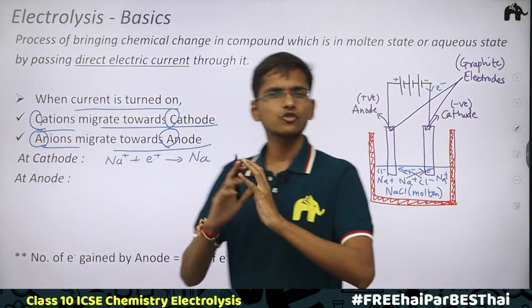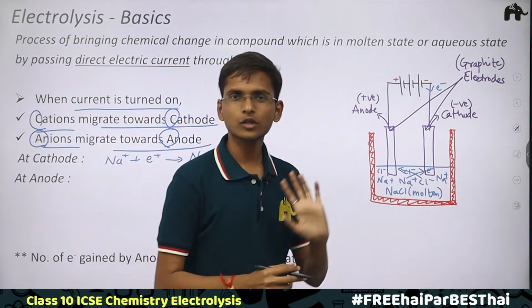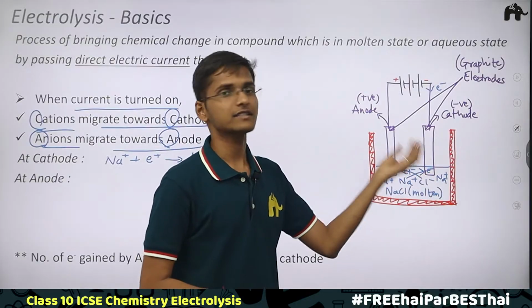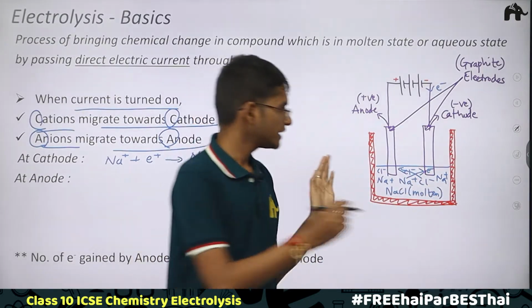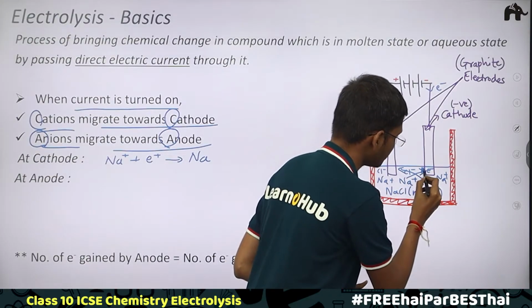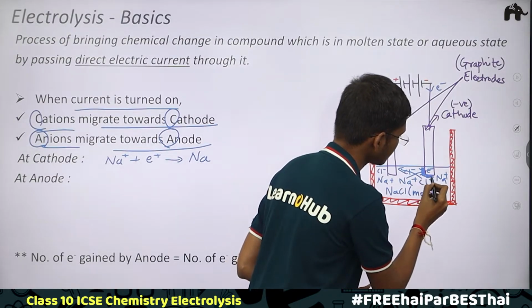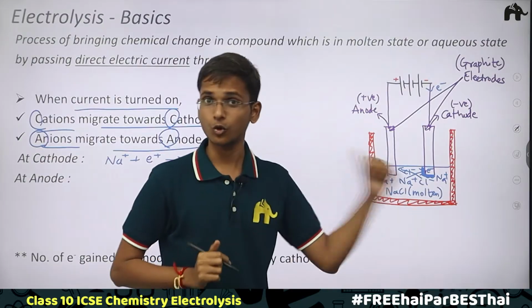In this way, so many Na plus ions go near the cathode, they accept the electrons given by the cathode, and they become sodium atoms. And the sodium atoms then start depositing on this electrode, the cathode.